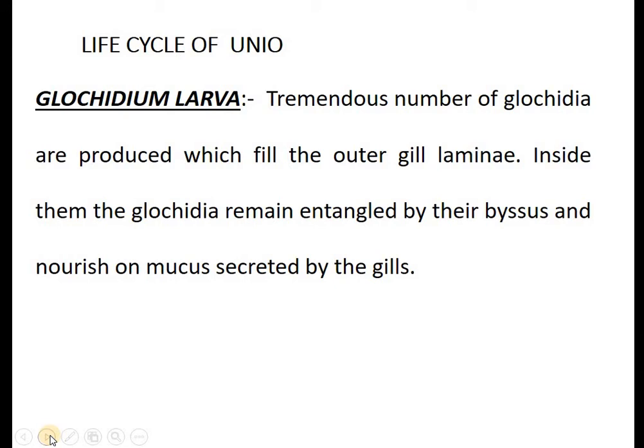From the eggs till the formation of the glochidium larva, the organism stays in the gill lamina itself, remaining entangled by their byssus threads and nourished by the mucus secreted by the gills. So the glochidium larva stays in the gill lamina of the female Unio.